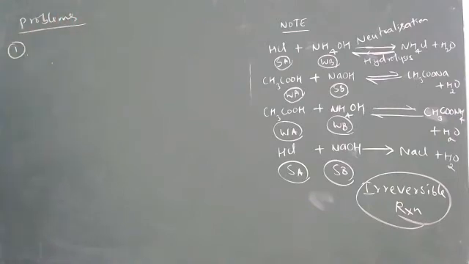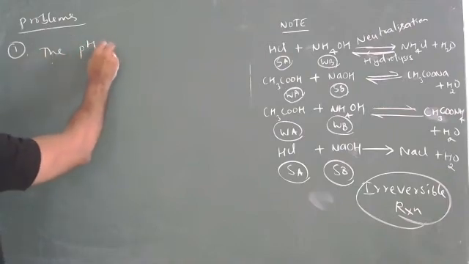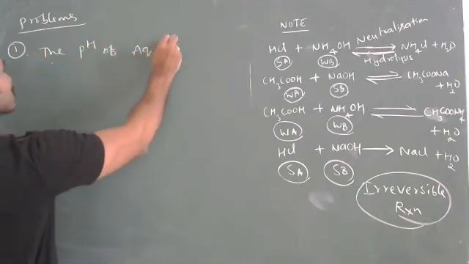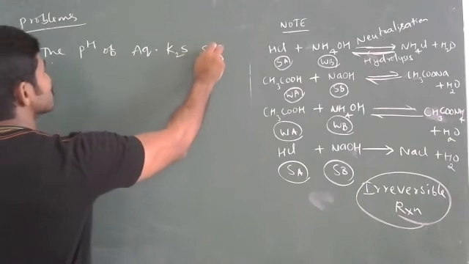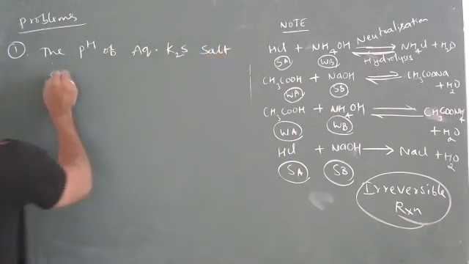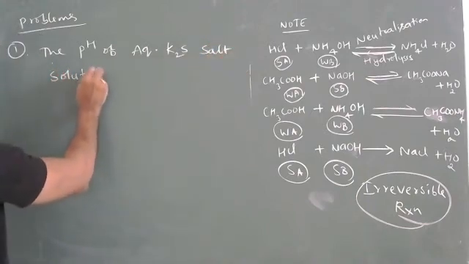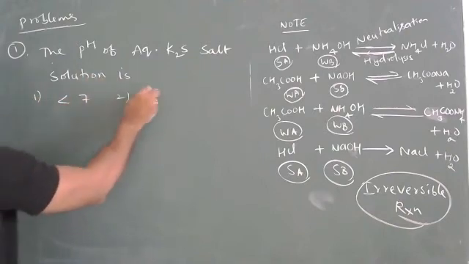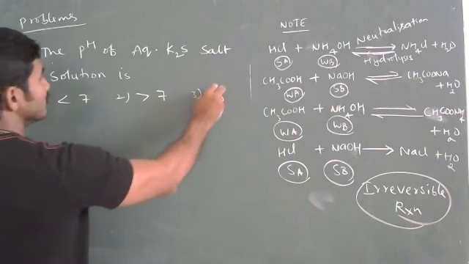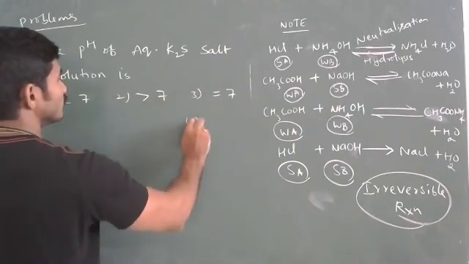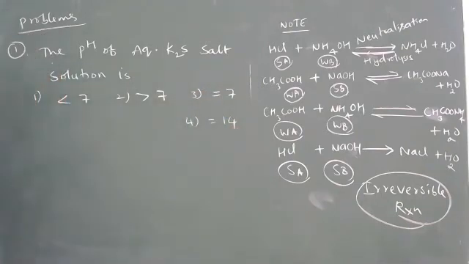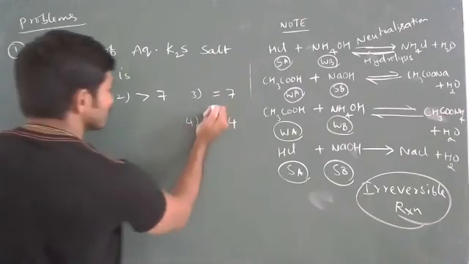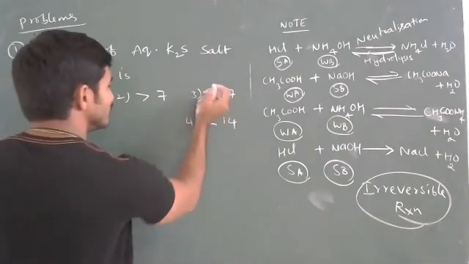First one: the pH of aqueous K2S salt solution is: less than 7, greater than 7, equal to 7, or equal to 14 or greater than 14.